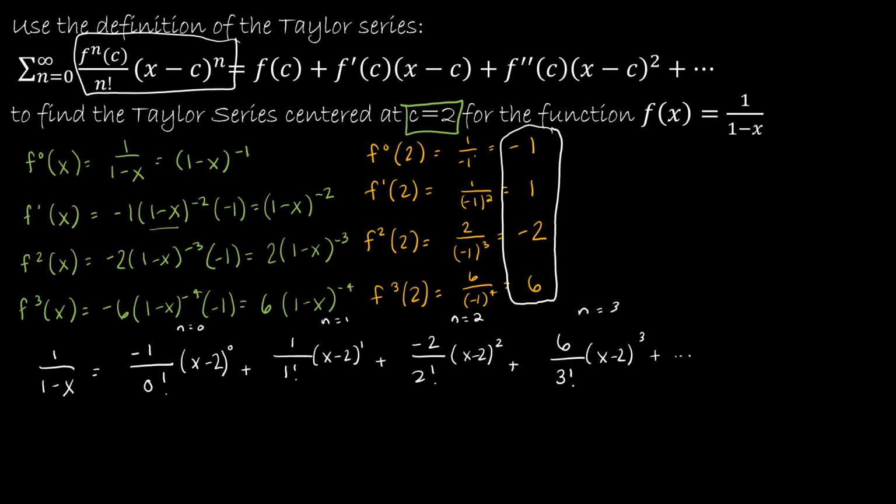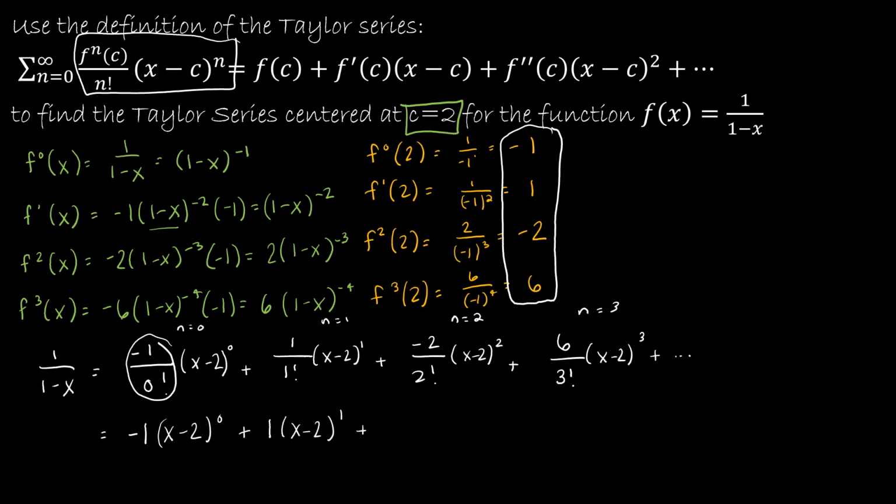So I just need to think about how I could rewrite this. What do these values equal? Sometimes it's better to go ahead and evaluate this. So the first guy is negative 1 over 0 factorial, which is 1. So this guy is negative 1, and then x minus 2 to the 0. And this one is positive 1, 1 over 1 factorial, which is 1, and then x minus 2 to the first.